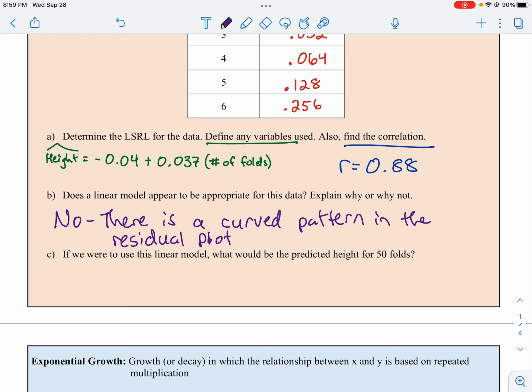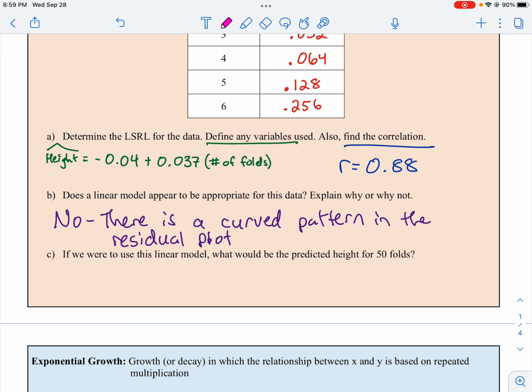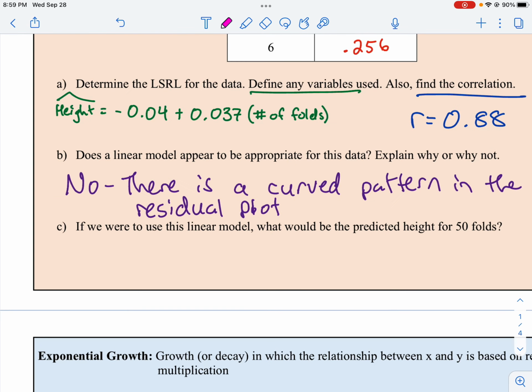Now, even though we know it's not a linear pattern, just for fun, let's determine what would our linear model predict for the height after 50 folds. Okay, we know it's not linear, but let's just see what we get. Okay, the predicted height is going to equal negative 0.04 plus 0.037 times the 50 folds.